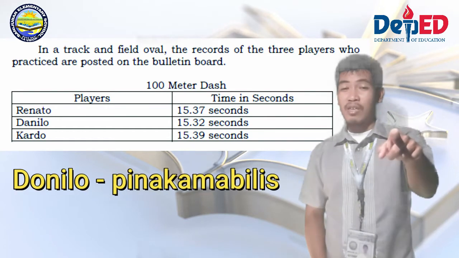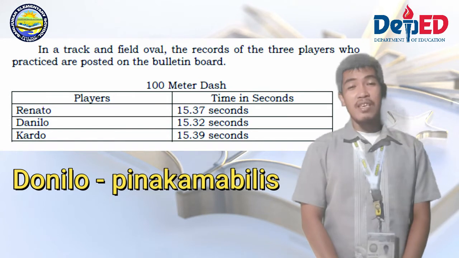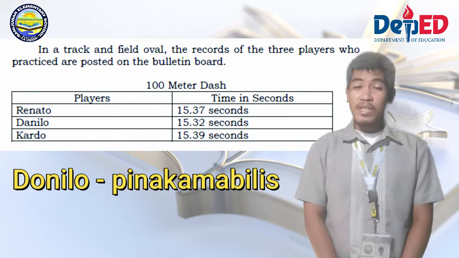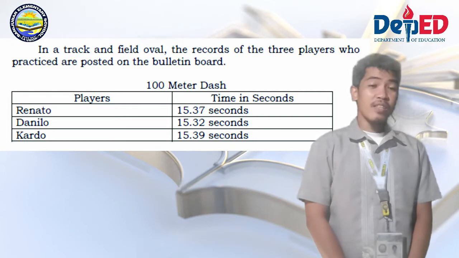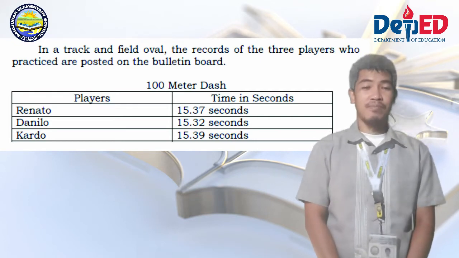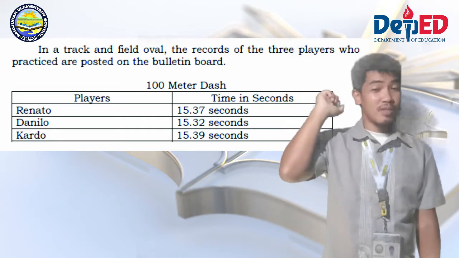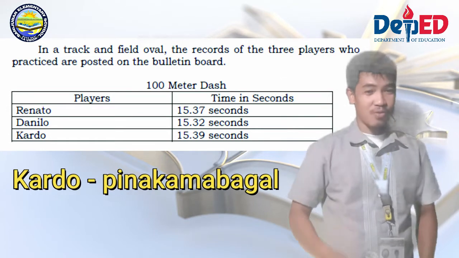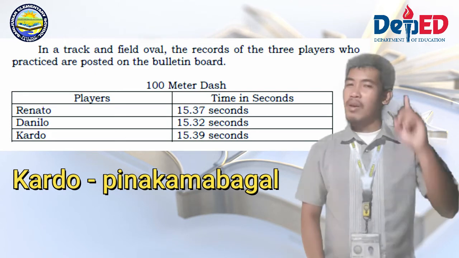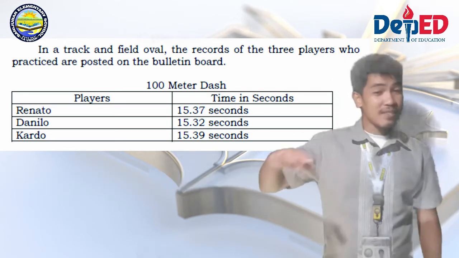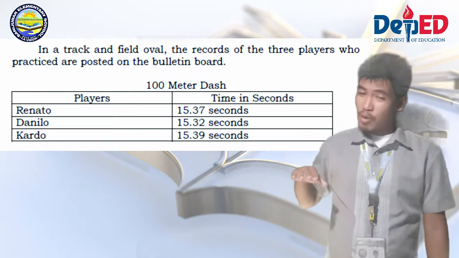Donilo is the fastest. Who finished the run in the longest time? Cardo. How would you arrange the runners from the fastest to the slowest?